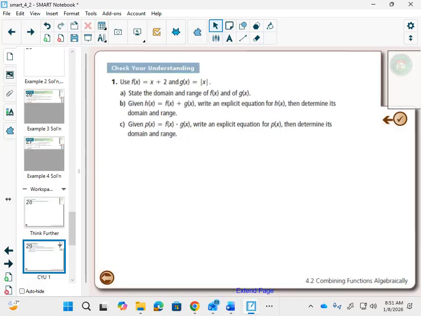Okay, let's go to example 1. And in example 1, they add some other complications that we're going to have to learn. We have f of x equals x plus 2, and g of x equals the absolute value of x. Right, so I'm going to color code these.